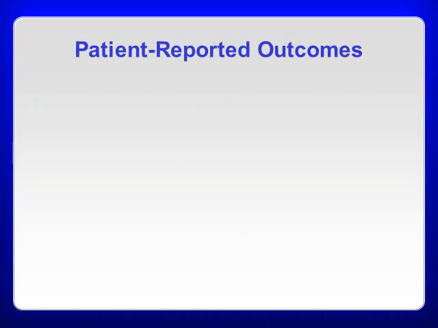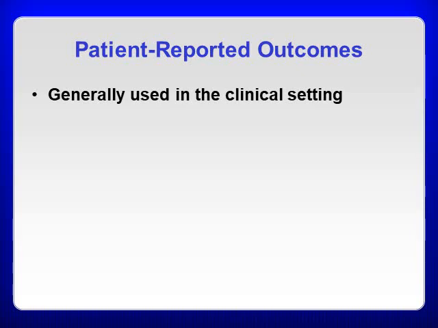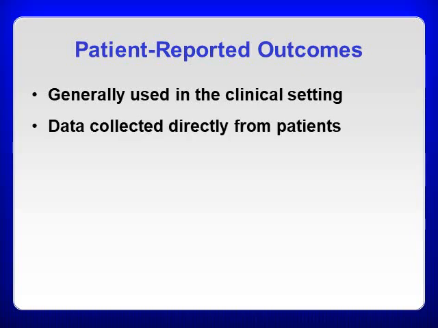Patient-reported outcomes are becoming more and more commonplace, and what they do is help with quality of care to the patient. You typically see this used in the clinical setting, so a lot of clinics use this, and it helps particularly with third-party billing. A patient-reported outcome is essentially data collected from the patients.